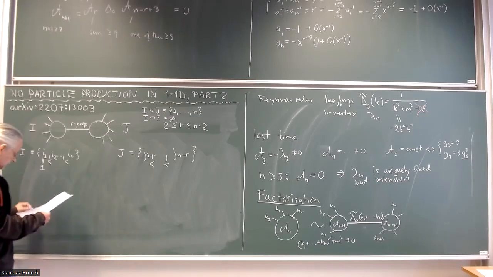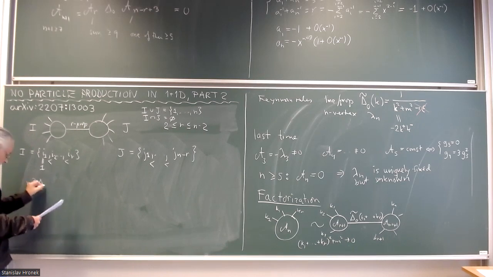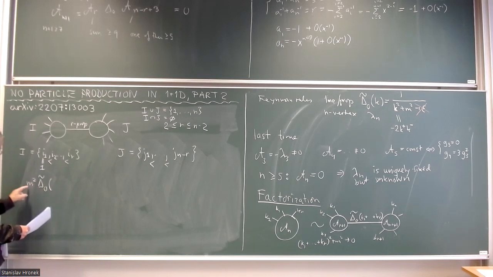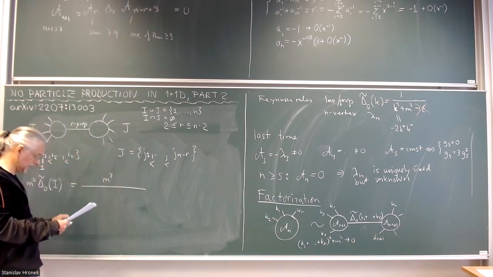So let's do that. We're looking at m squared. I'm getting partly tired of writing m, so I will often put m to be 1, but let's make it clear if people write it explicitly.